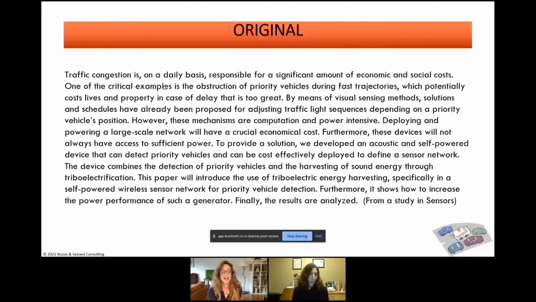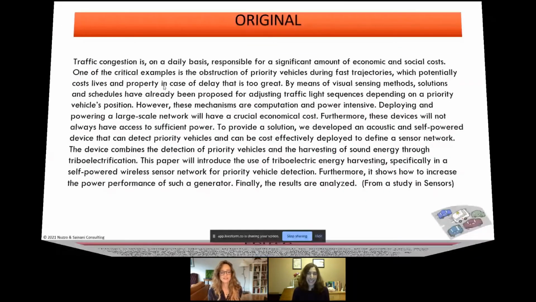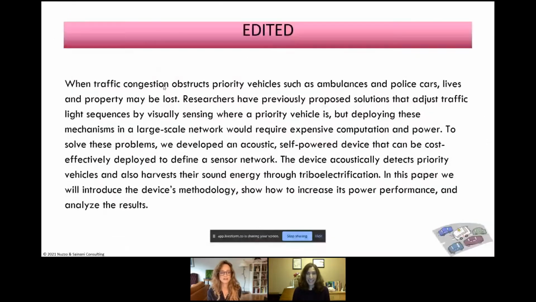Regina, what do you have for us? I have something less exciting than snack food, but happens to us every day. Traffic congestion, from a study in the journal Sensors. And this is my original. And then we're going to have the nice edited version there. So I feel like we're going to cover lots of different angles between the two of us.